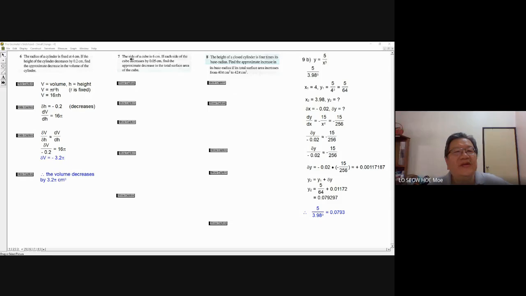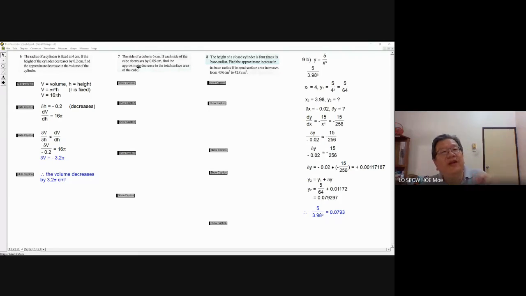The next question is, the side of a cube is 6 centimeters. You see, they're talking about side and cube, so you can identify the variables involved. If each side of the cube decreases by 0.05, find the approximate decrease in the total surface area of the cube.